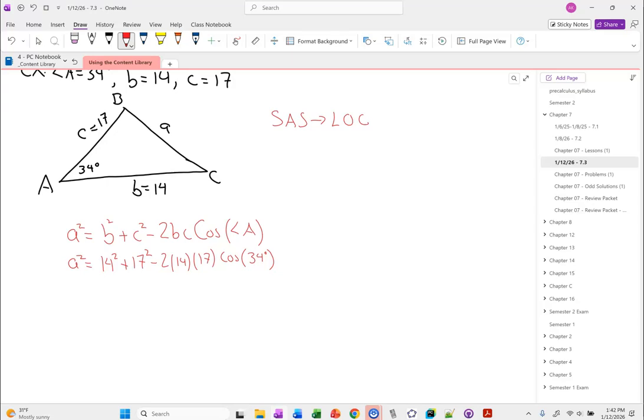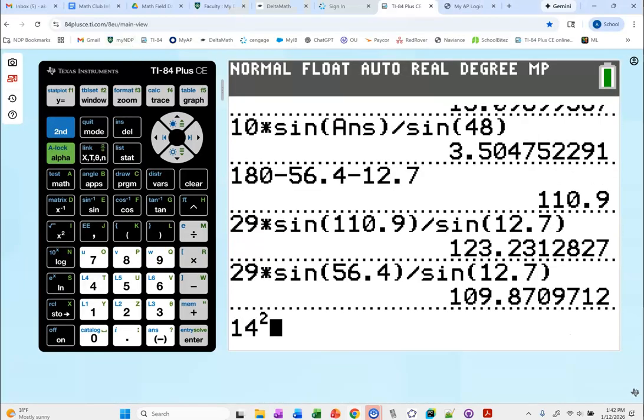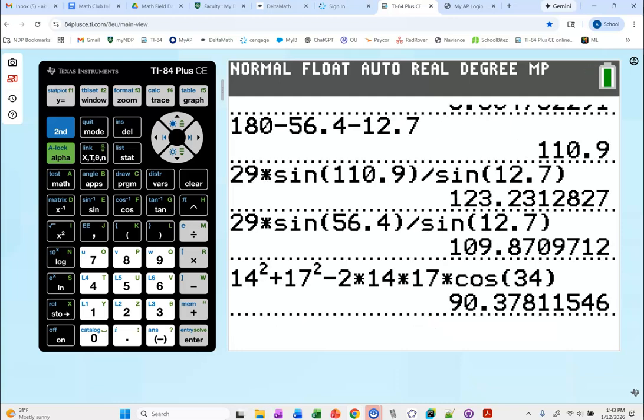Notice that everything now is on one side, so I'm just going to go to my calculator and type this all into one line. Oh, was it 34, I think? Is that right? Yeah. Okay. So I just typed it into my calculator. I'm going to press enter. So I have about 90.4.